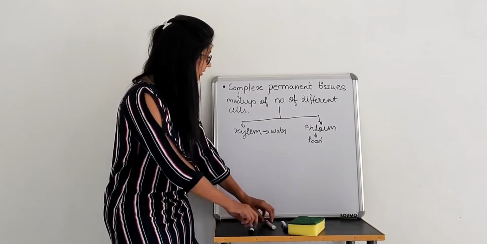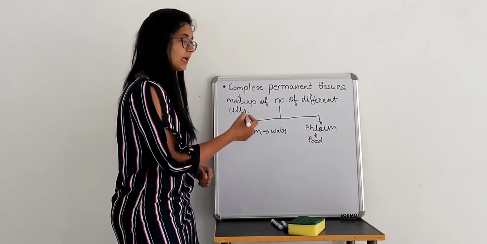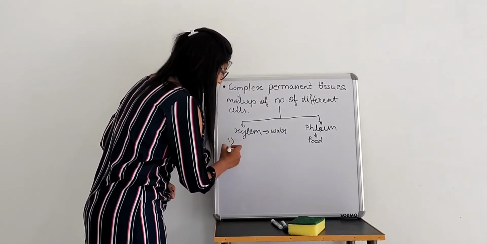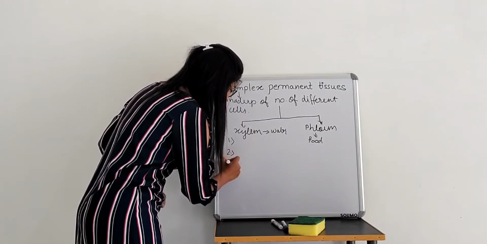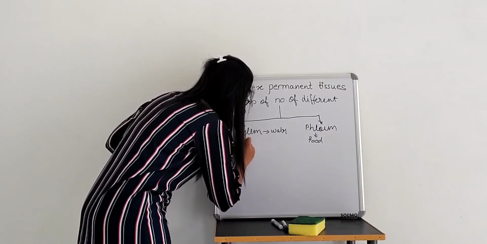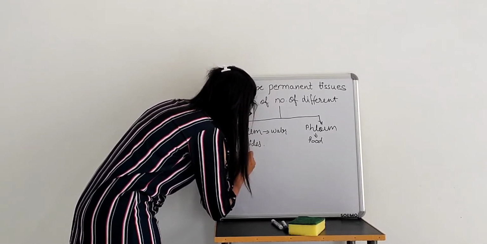Now let us see what are the different cells which are going to be present in your xylem and phloem. So your xylem is made up of a number of different types of cells. Mainly you are going to have 4 different types of cells. First one are tracheids. You have vessels.